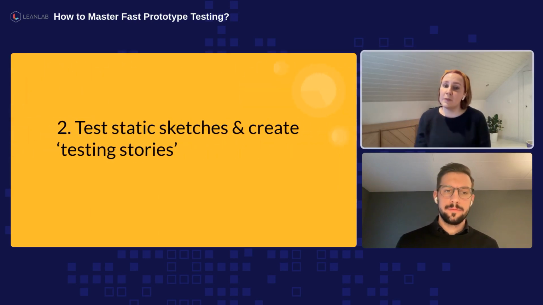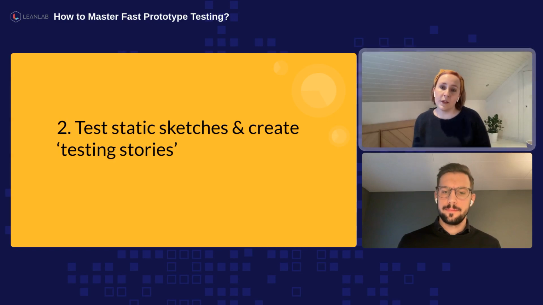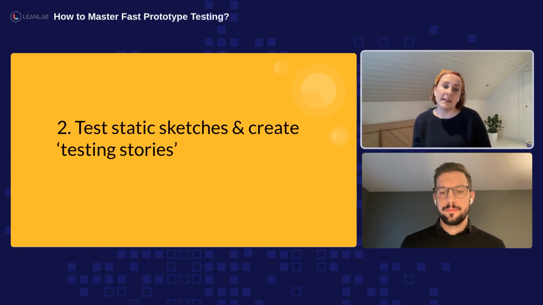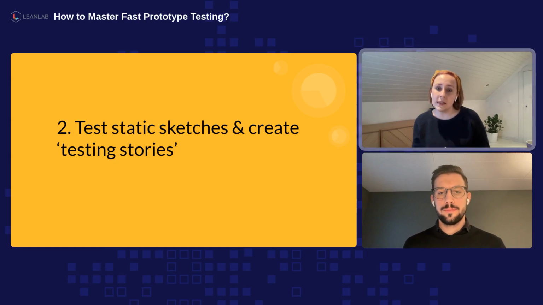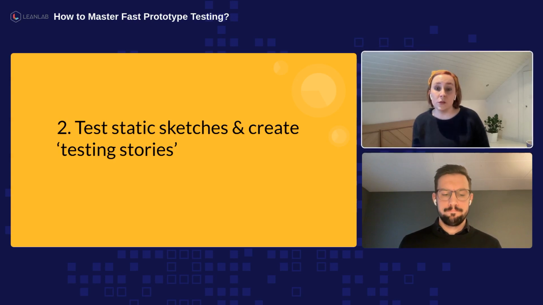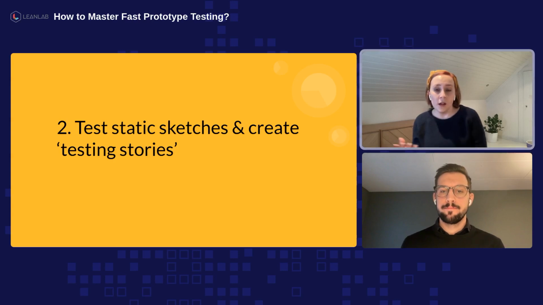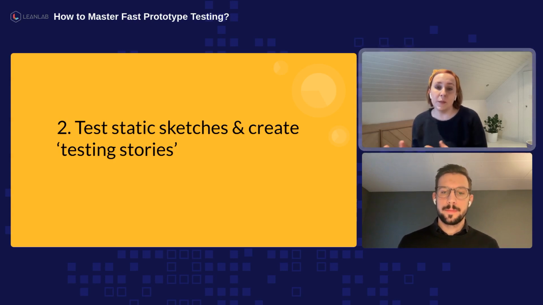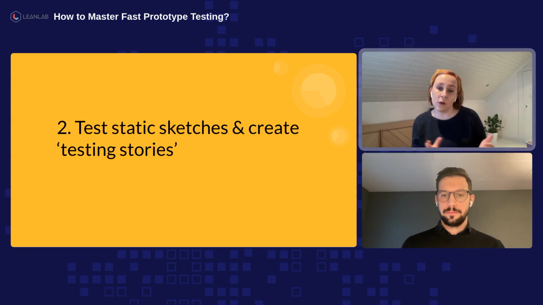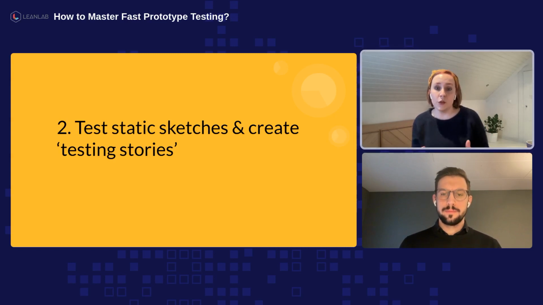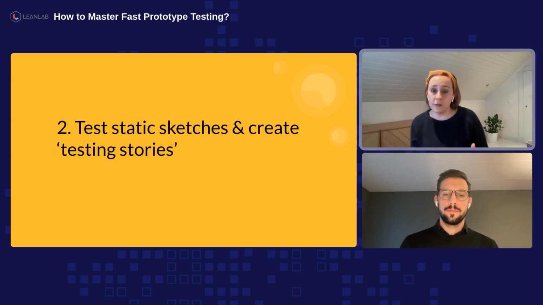A second point in terms of how to make the prototype testing process faster is testing static sketches and creating testing stories. So not always testing a fully fledged functional prototype. For example, for a digital service, a clickable prototype is often considered necessary, but actually testing earlier stage prototypes, where you can still show users a concrete example of what the execution could look like or how the feature could work, is already a really good way to start.